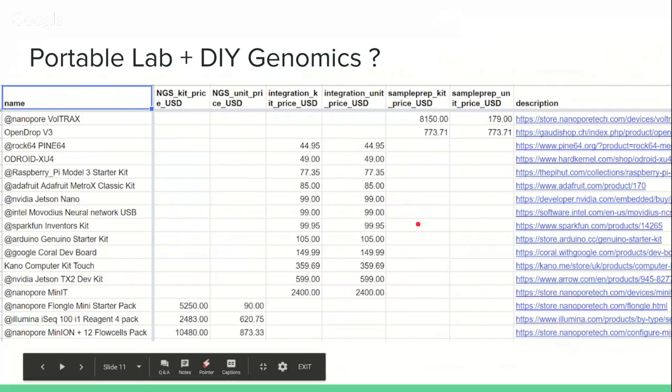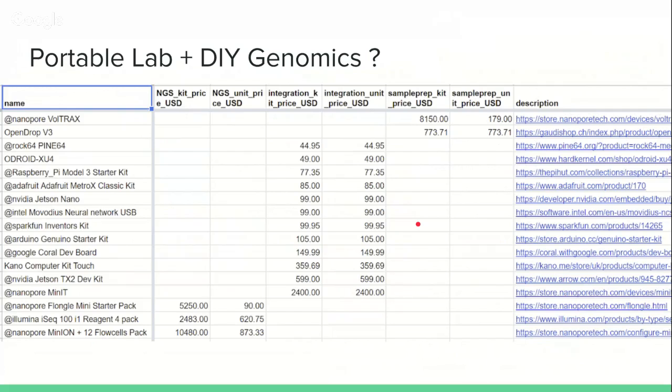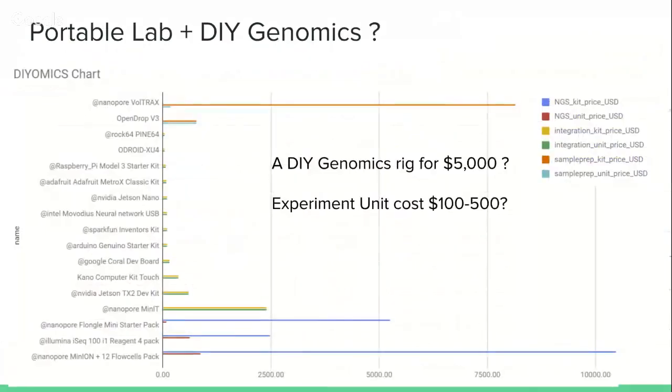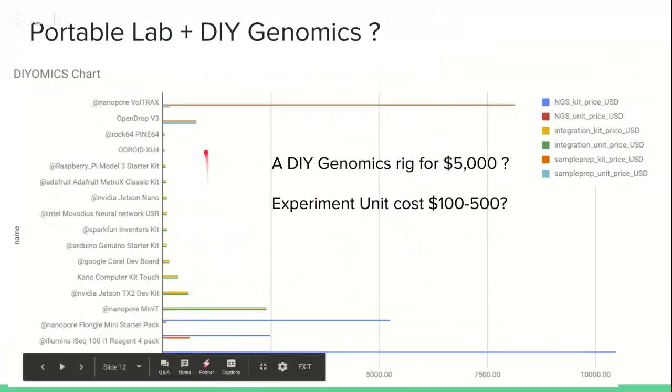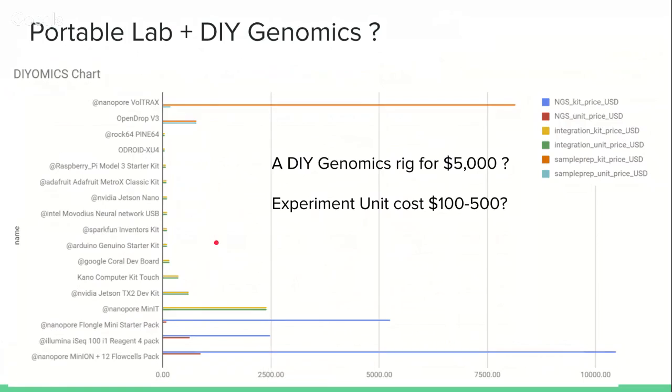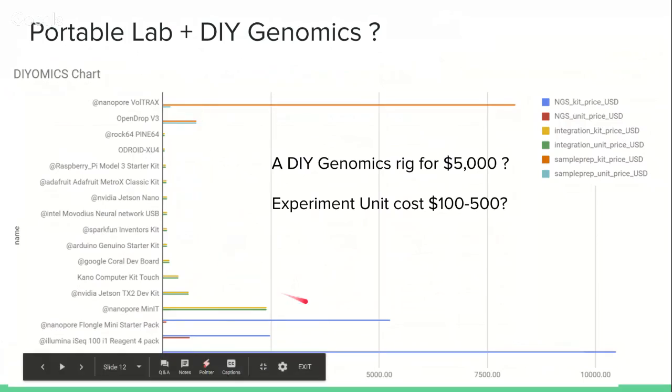And so I wanted to make this connection between this paper that relates what's the minimal portable lab that you need to do something useful in genomics, with what are the possibilities out there to have your own genomics setup, as a private individual. And so here is the same as before, just plotting the kit and unit prices for the different elements I described before.